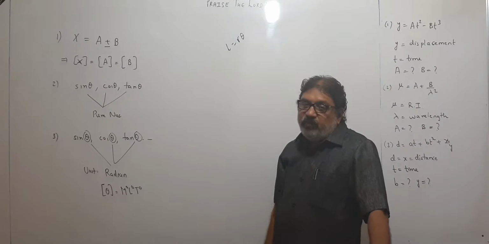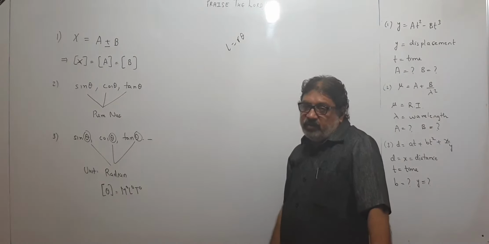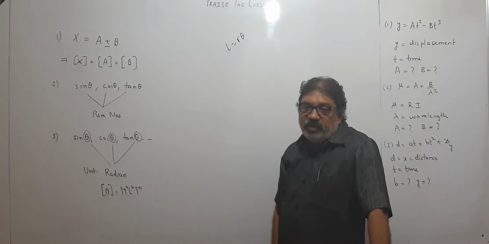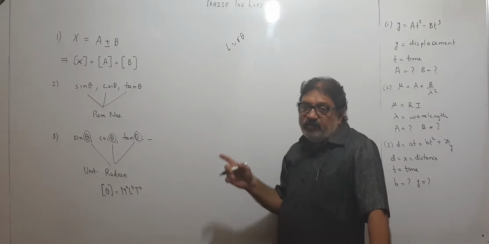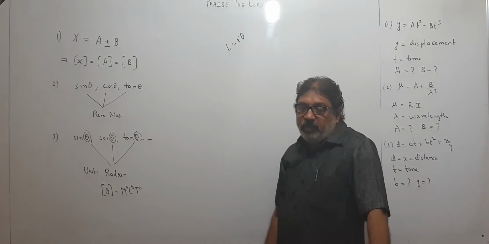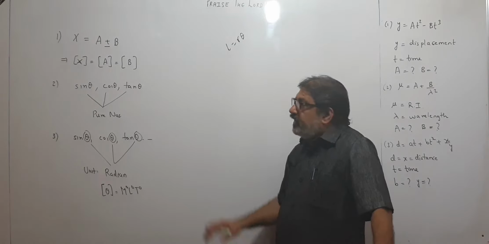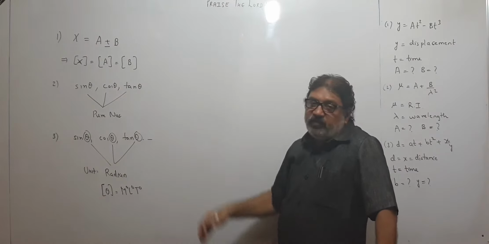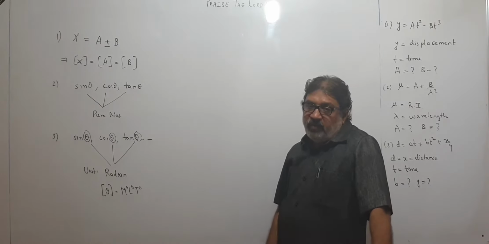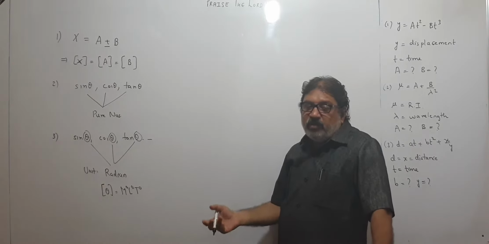So anywhere if you find there is angle involved in the equation, either plane angle or solid angle is involved, then there will be difference in units, but there won't be difference in dimensions. But if angle is not there in the equation, if you come across an equation where angle is not involved, then dimensions and units both will be same.